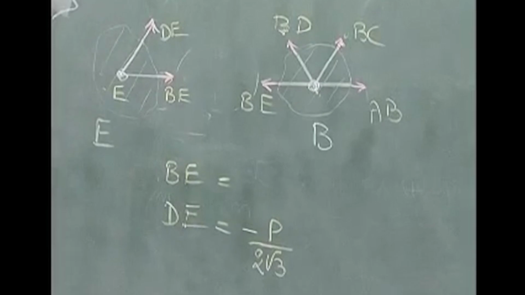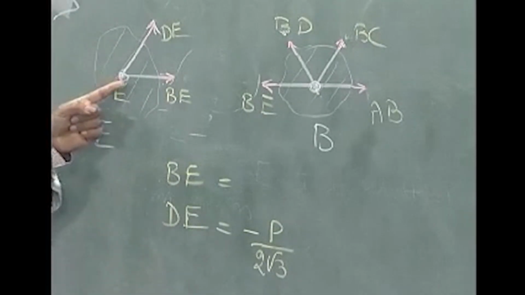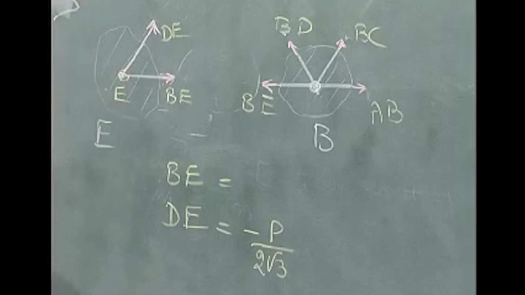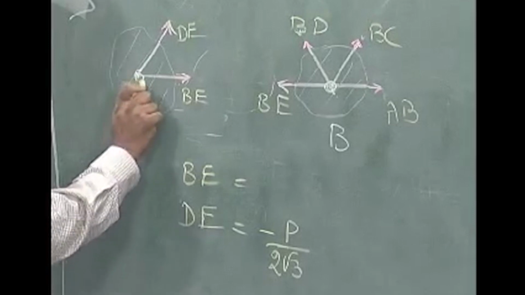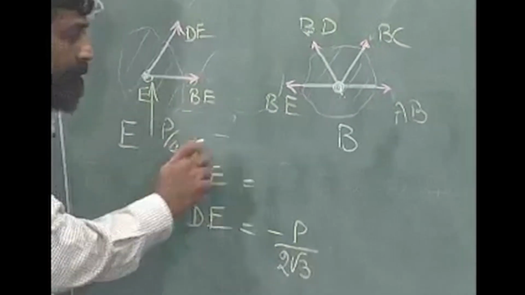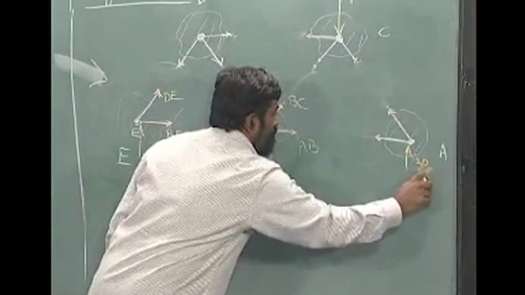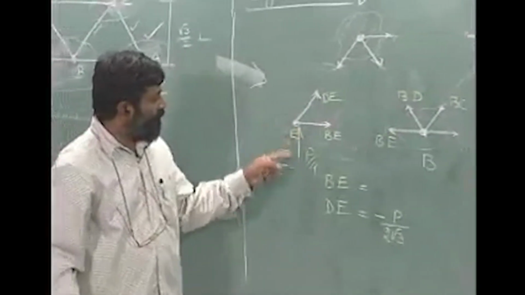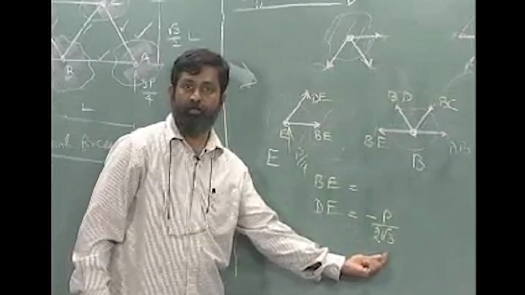Okay. So we happen to get from equilibrium at E in the vertical equilibrium, DE is equal to, let me just insert the support reaction here. We happen to get DE equals minus P by 2 root 3.